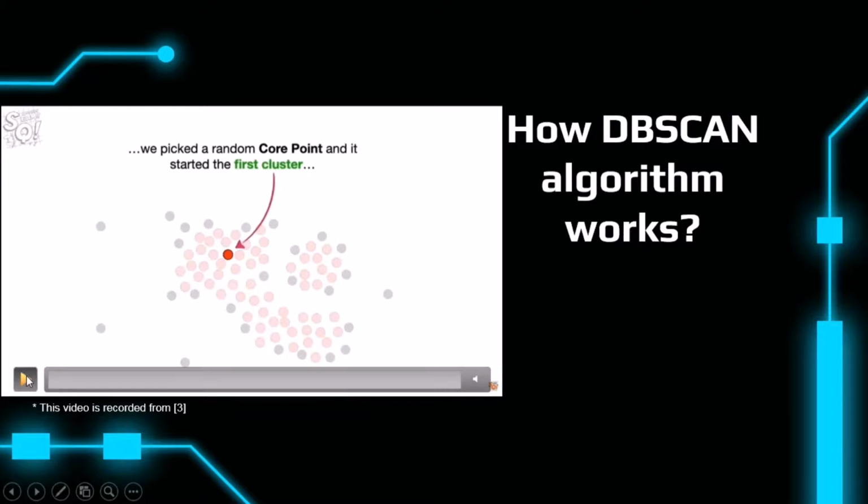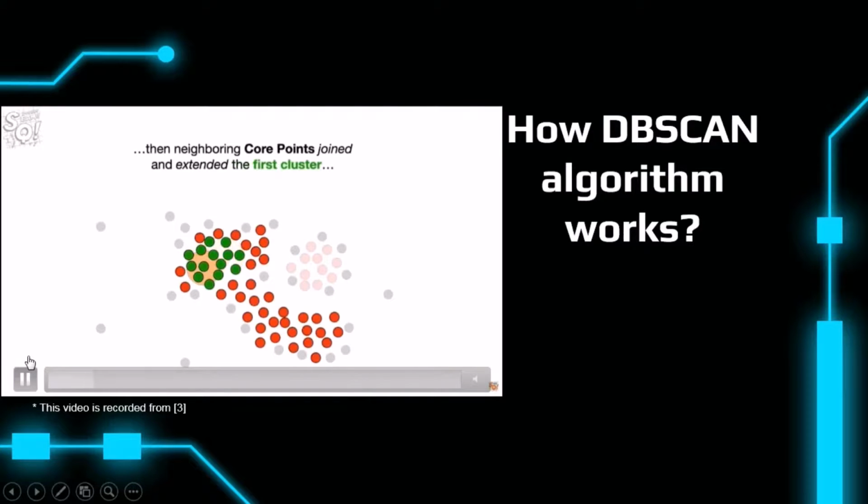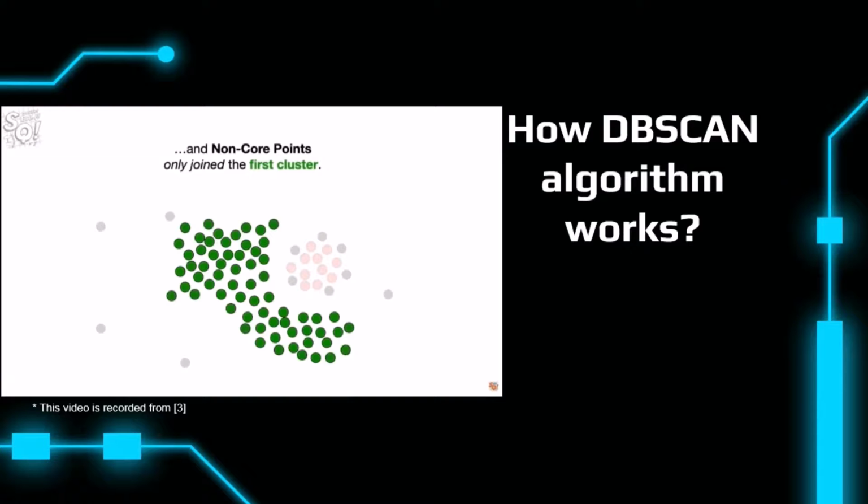Our first cluster forms from this first core point, the green point. Then we look at other core points in the epsilon neighborhood of that core point, and they join the first cluster. After that, there are some non-core points close to our cluster. They are border points, and they will join our cluster later.